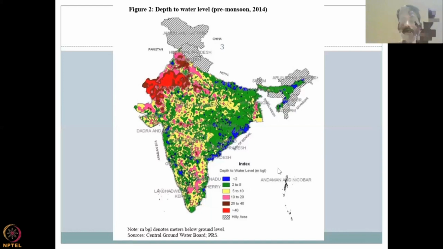It tells you how deep you have to go to access the groundwater. Okay, look at the units. The unit says depth to water level, meters BGL, which means below ground level. So if your ground is this, your well is inside the ground. So how deep do you have to go below the ground to access groundwater?